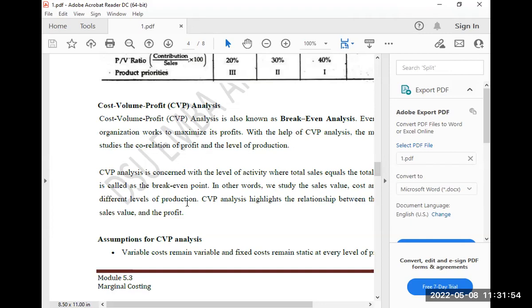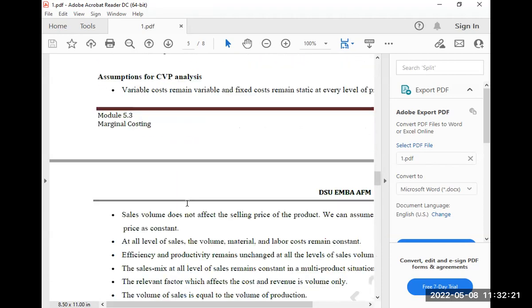What is going to be the impact on profit? 50% increase in sales. What is the result of that 50% increase in sales on profit? That analysis is called cost, volume, profit analysis. It's concerned with the level of activity where total sales equals the total cost. That is called break-even point. Total revenue is equal to total cost is called break-even point.